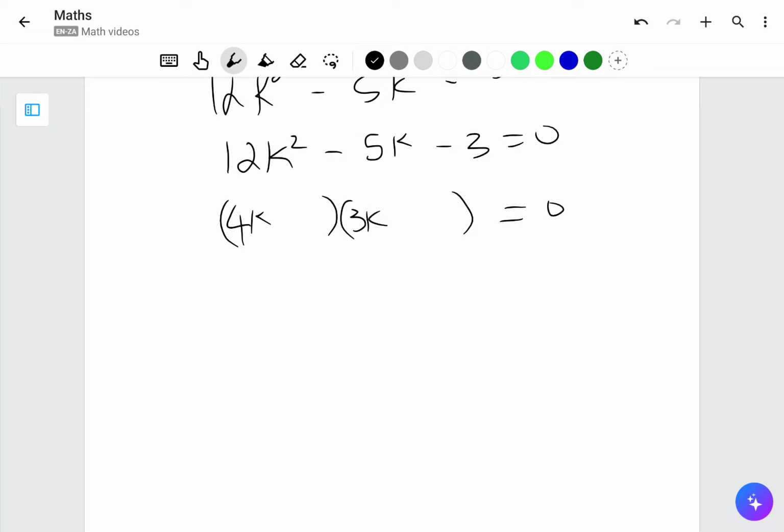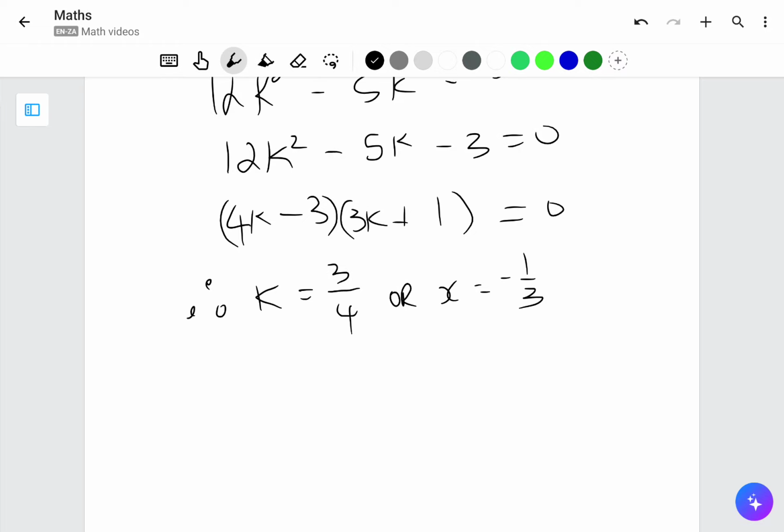Okay, and then we're going to go with 3 and 1, minus plus. Okay, so we know that's going to give us our 5k and our negative 3. So therefore we now know that k equals positive 3/4 or k equals negative 1/3.